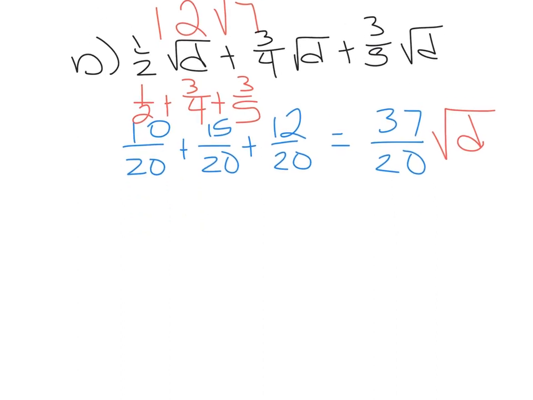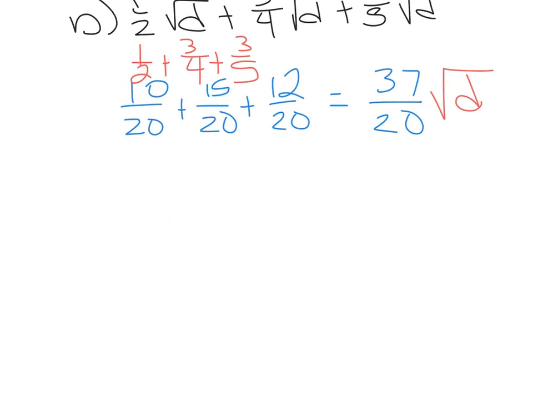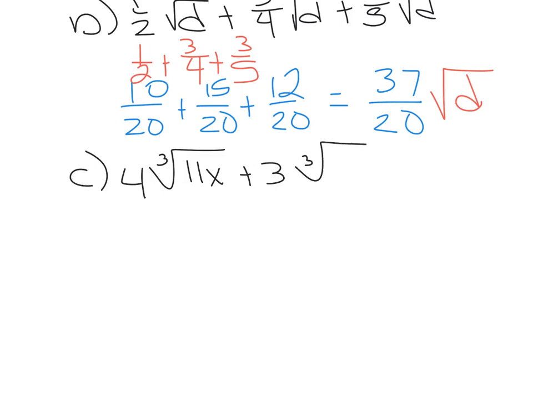All right, for letter C, I have 4 times the cubed root of 11x plus 3 times the cubed root of 11x plus 24 times the cubed root of 11x.